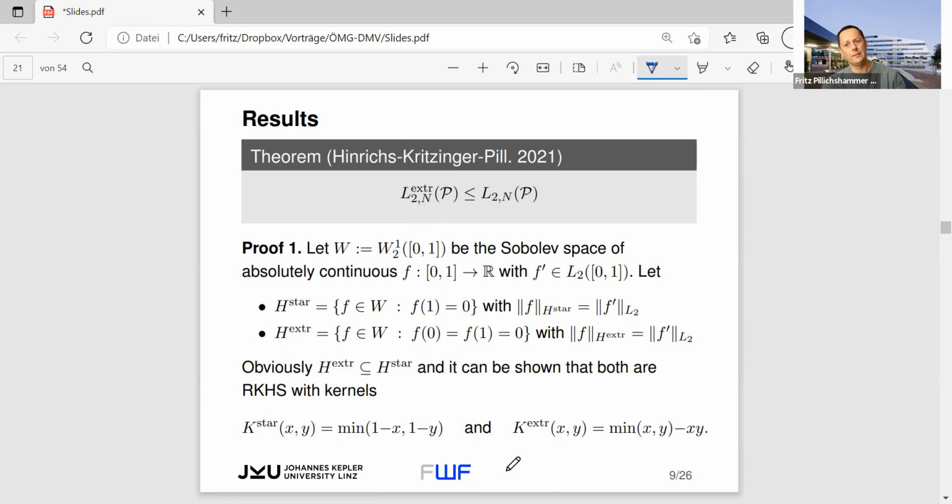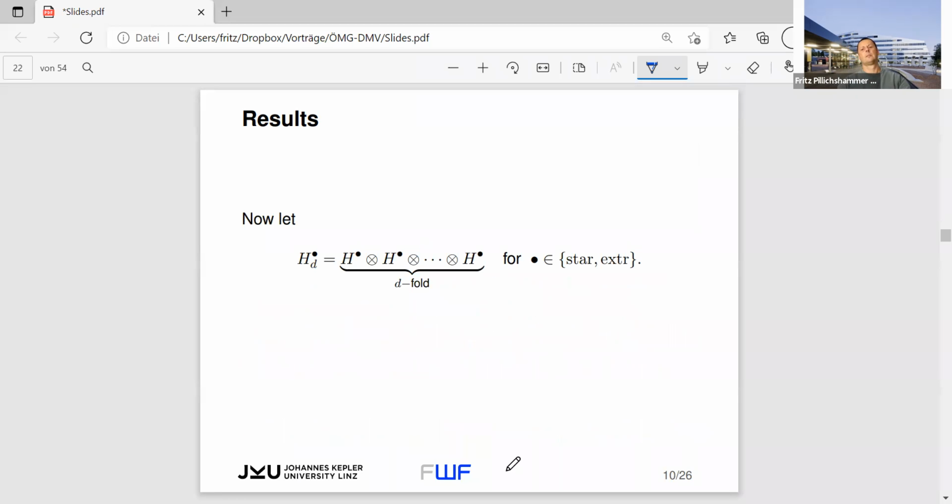Now we switch to the multidimensional setting. Here we use tensor products of the univariate spaces, and we obtain again these two classes, H_d extreme and H_d star, and still it holds that the class H_d extreme is a subclass of H_d star, like in the univariate case.